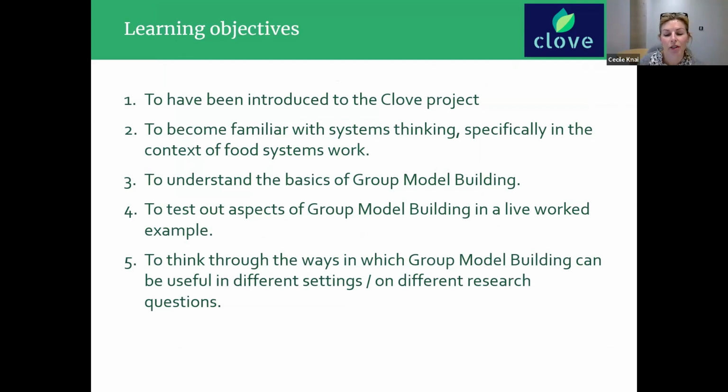And to hopefully, if everything works, to test out aspects of group model building online using a tool called Kumu. And then to have a discussion and a brainstorm with any ideas that you might want to bring to the table about research that you're doing or projects that you're thinking of doing, about how group model building might be useful for a topic or in different settings.